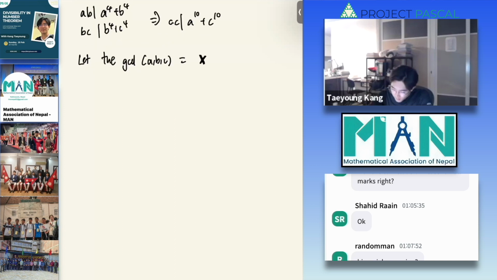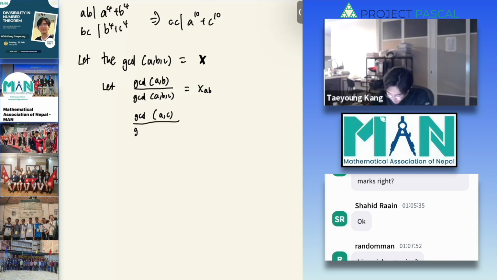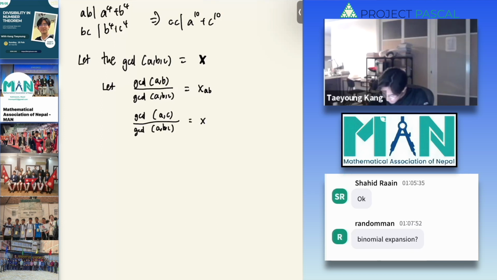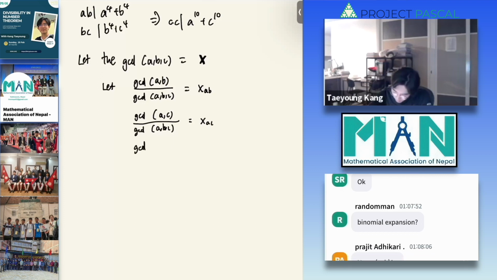Then let the GCD of A and B divided by the GCD of A, B, C be equal to X_AB. The GCD of A and C divided by the GCD of A, B, C be equal to X_AC, and the GCD of B and C divided by the GCD of A, B, C be equal to X_BC.